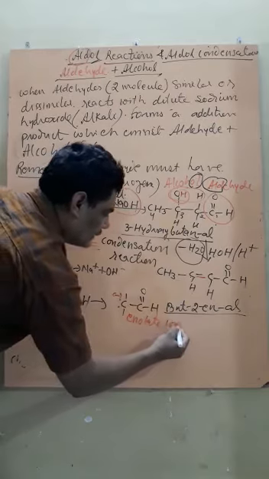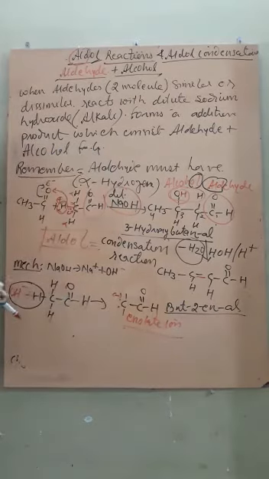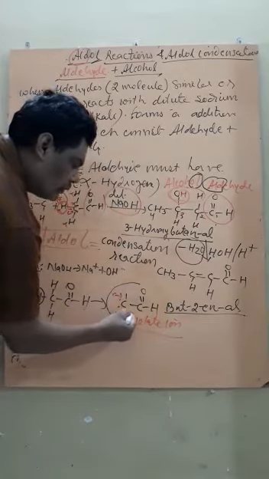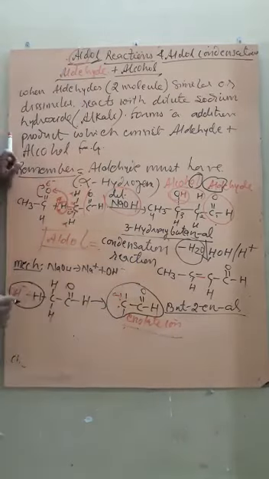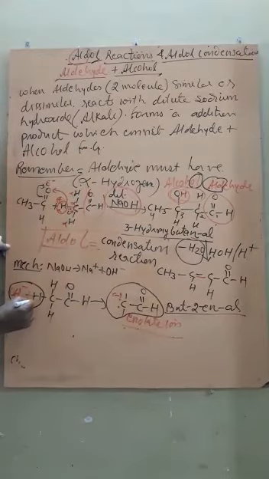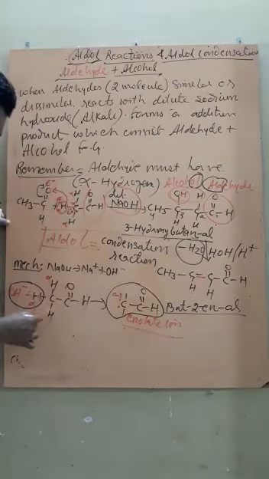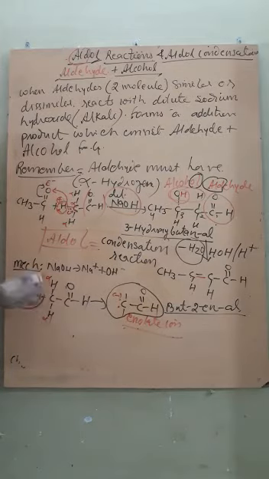Enolate ion. That means only those compounds can give this reaction which are able to form enolate ion. Therefore, there is a condition of alpha hydrogen. Student, remember, this hydrogen is alpha, this one is also alpha, and all are identical. Therefore, you can use any of the hydrogens.